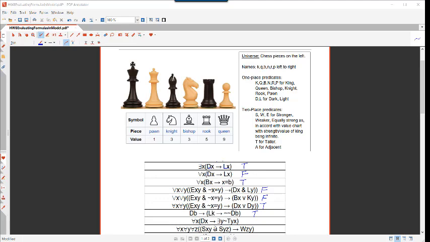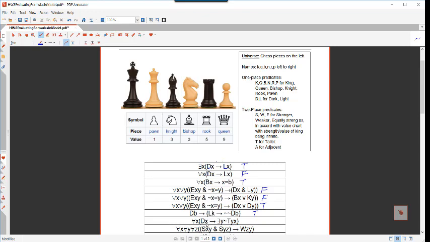If one of them does, then the whole proposition has to be false. So you look first at the king, maybe, right? The king is dark, and certainly there exists a y such that it's not the case that y is taller than the king.